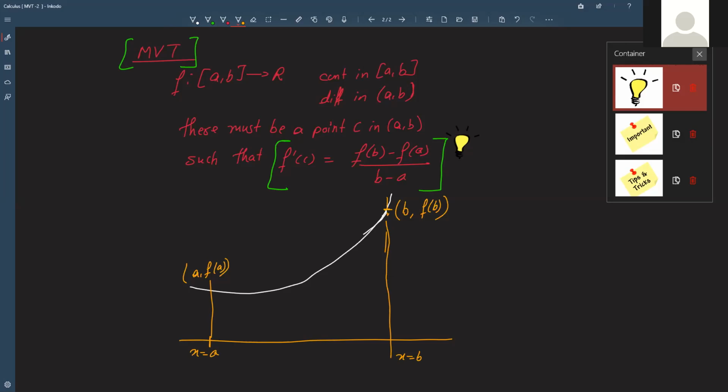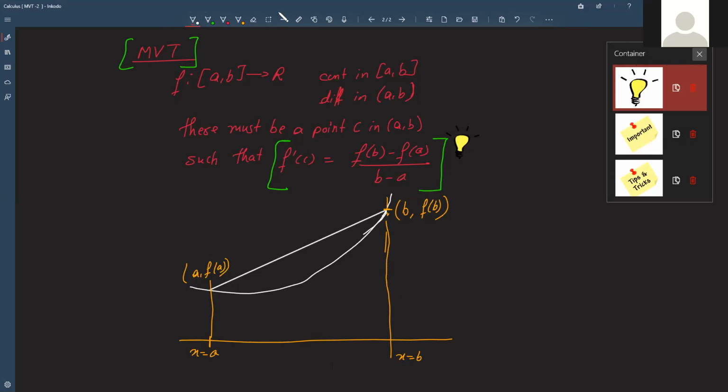where the derivative at that point... say we join this a and b. So we joined these two endpoints called a and b.